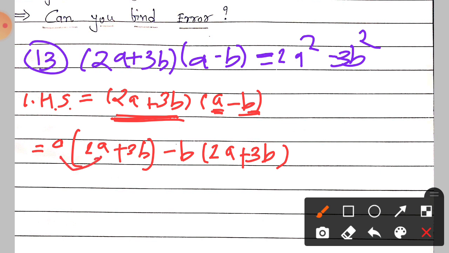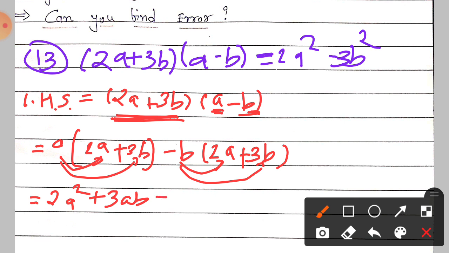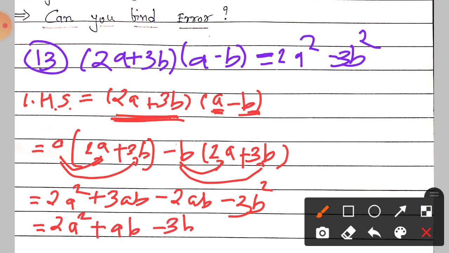So multiply a with this, this, this and this. That is 2a square plus 3ab, plus minus minus 2ab, plus minus minus, that is 3b square. The final answer is 2a square plus ab minus 3b square.